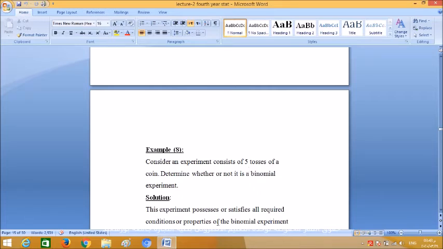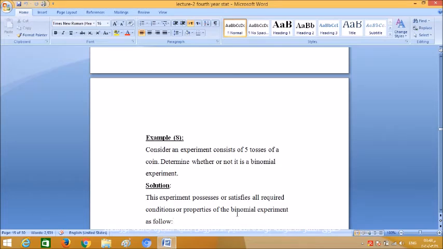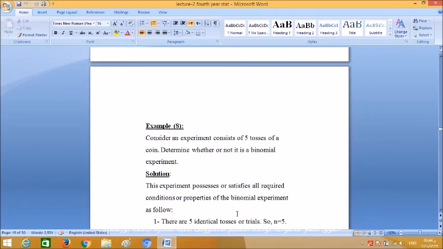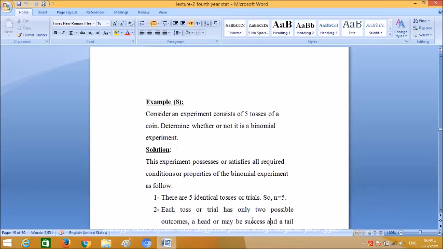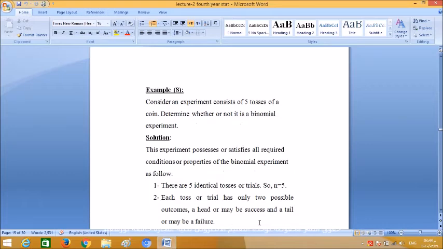So the solution: this experiment satisfies the required conditions of the binomial experiment as follows. There are 5 identical tosses or trials, so n equals 5. Each toss or trial has only 2 possible outcomes, a head, maybe success, and a tail, maybe a failure.